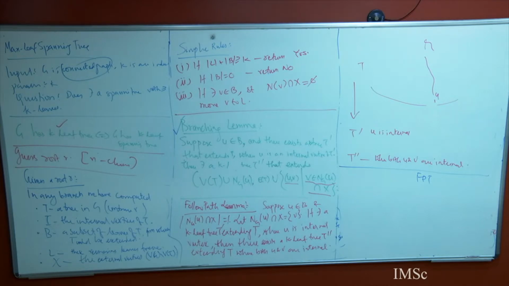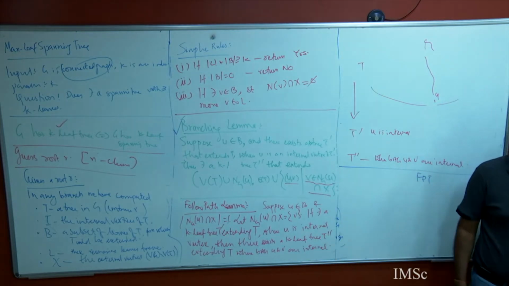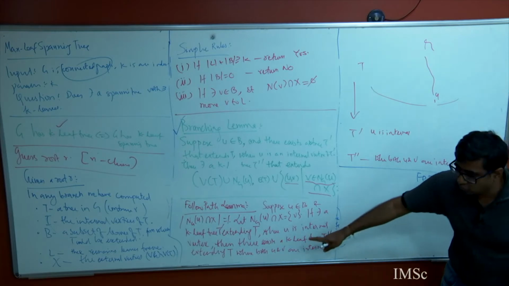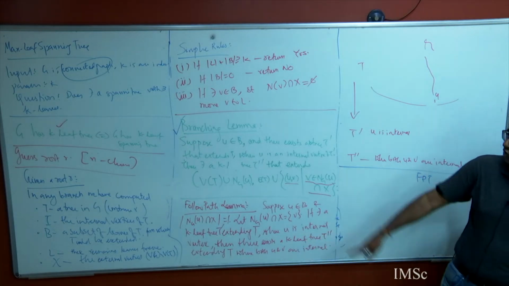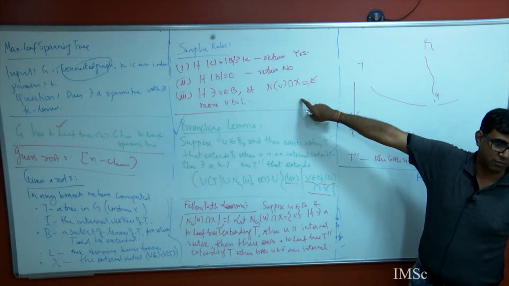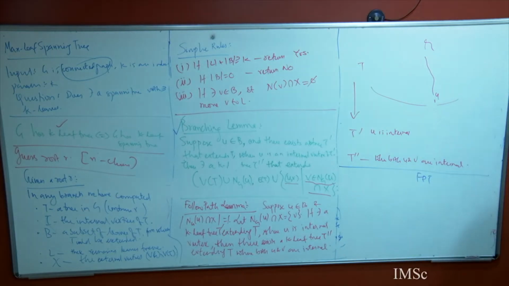The algorithm is very clear. We start at the root, we look at a vertex, we either branch: either you are a leaf, then something would happen, or you are not a leaf. If you are not a leaf, then I will extend you because of this, or if you are a degree 1 vertex, then I extend you using this. If you are a degree 0, then I would have made you a leaf anyway because of this. So I have taken care of degree 0, degree 1 and higher. At any point during the algorithm, the number of leaves is less than k, and we are taking subsets of only that.